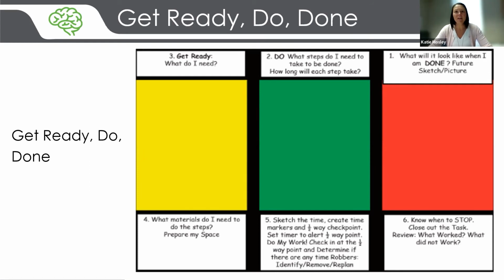She uses a method called get ready, do, and done, and it starts out something like this, where each step is shown. So what do I have to get ready? So what do I need to start a task? And then the green, what steps do I need to complete? And then finally, what does the finished product look like?